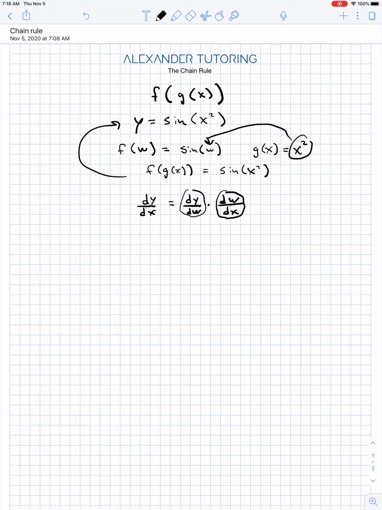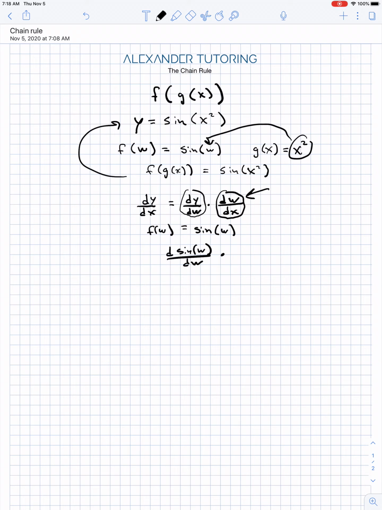However, we're going to treat each of these guys separately. Let's see why. What does dy dw mean? It means take the derivative with respect to w. So if we go to the outside function, remember that f of w we called sine w. Okay? So we're going to do d sine w dw, that's the first part of the chain rule, times, now we're looking at this part right here, dw dx. Well, what's w in this case?